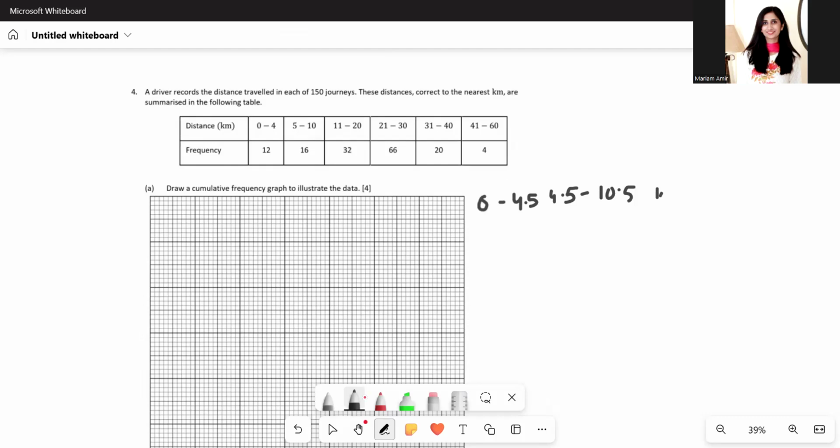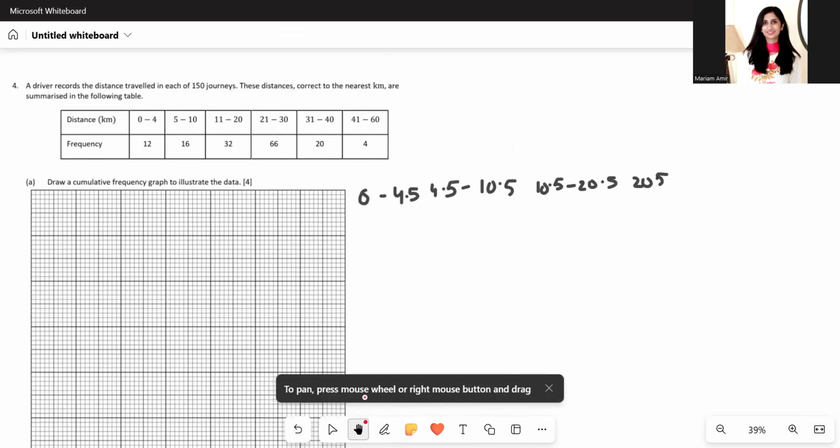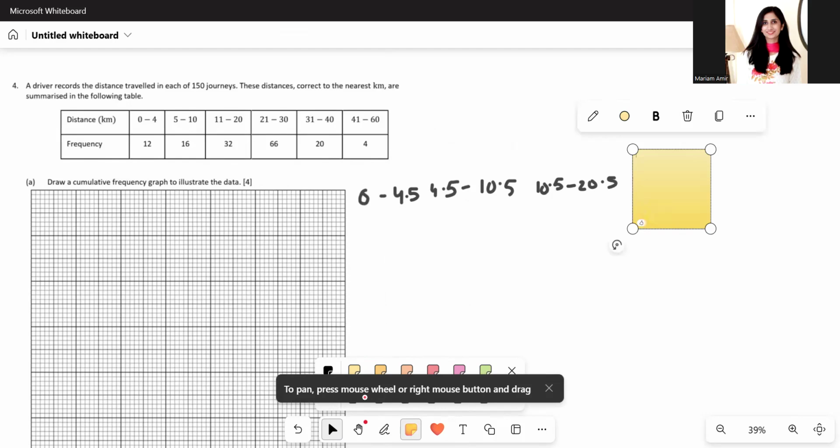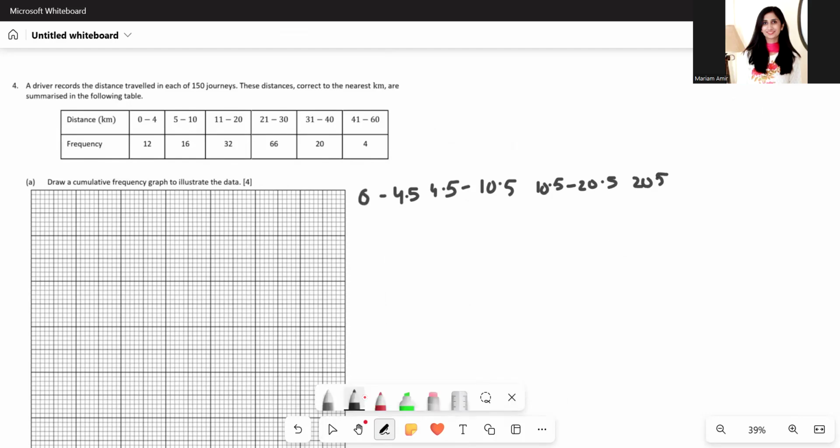Then we'll have 10.5 to 20.5, then 20.5 to 30.5. Similarly, 30.5 to 40.5, and lastly, 40.5 to 60.5.